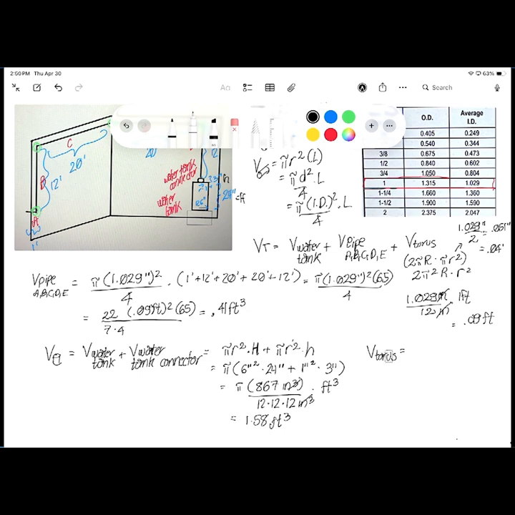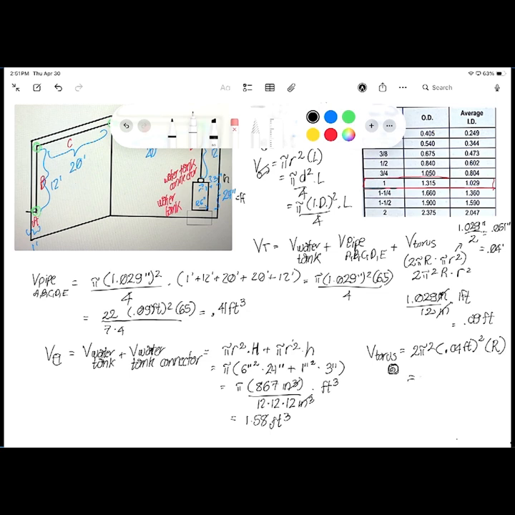Now we have the volume of a torus. So for the torus, we have 2 pi squared times 0.04 feet squared times r.